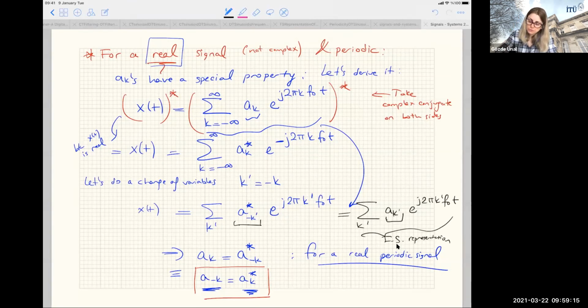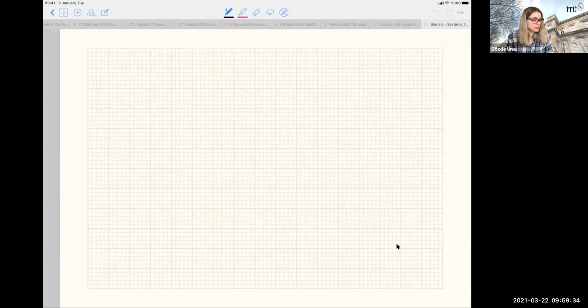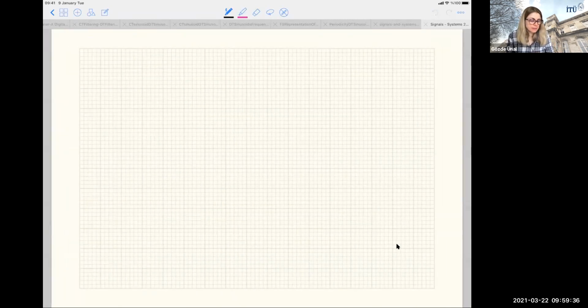So maybe let's not bring it up and confuse you. I think this is fine. Is this clear? This is a nice result we typically use. Now, using this result, a minus k is a_k conjugate.